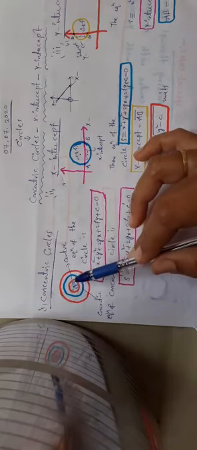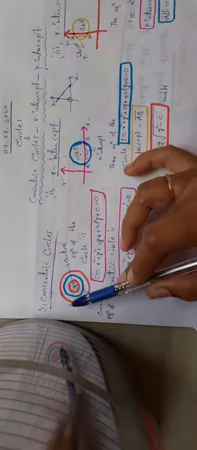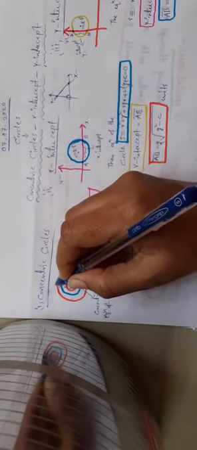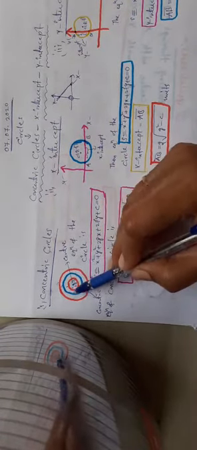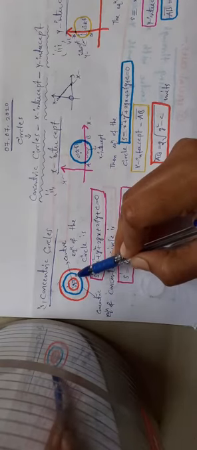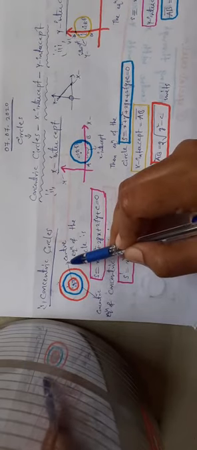The first circle's center is minus g comma minus f. The second one's center is also minus g comma minus f. The third circle's center is also minus g comma minus f.